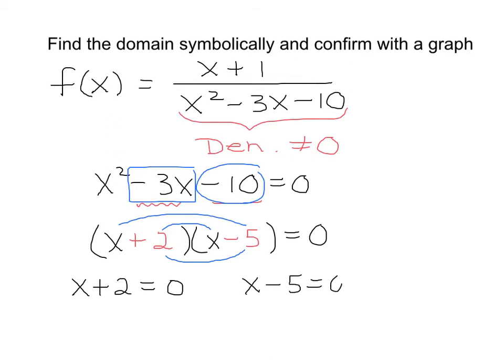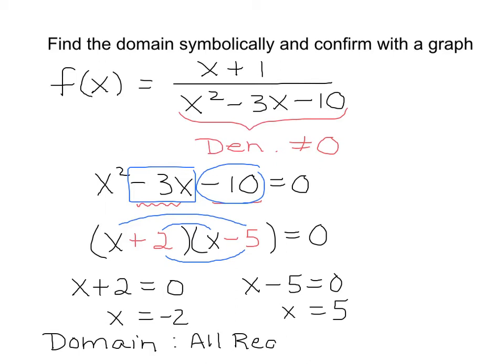In solving these, we just move the number to the other side, so x equals negative 2, and on this one we add 5 to both sides, so x equals positive 5. So what we found so far are the two numbers that have to be excluded from our domain. So our domain would be all real numbers except these two numbers.